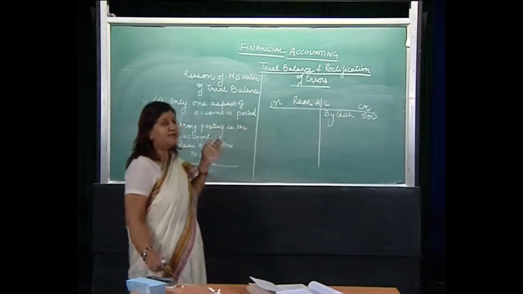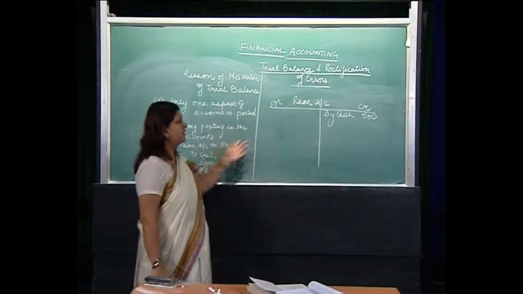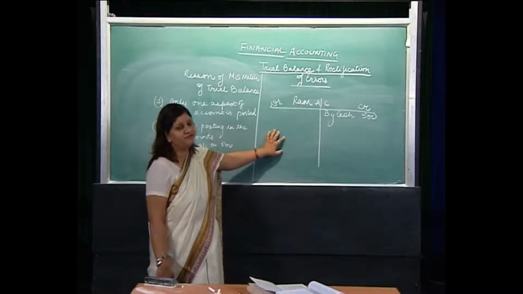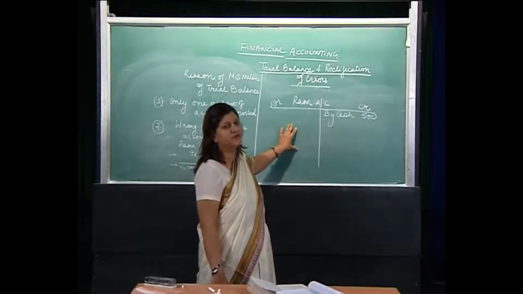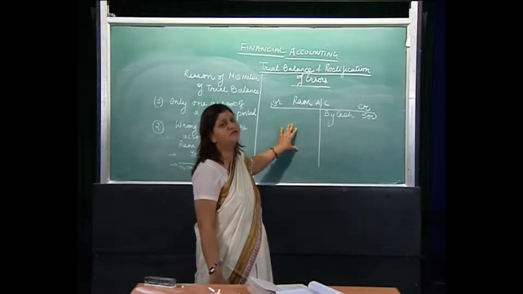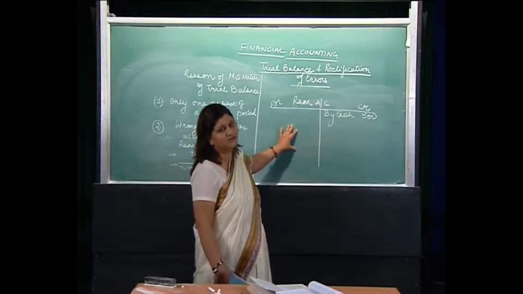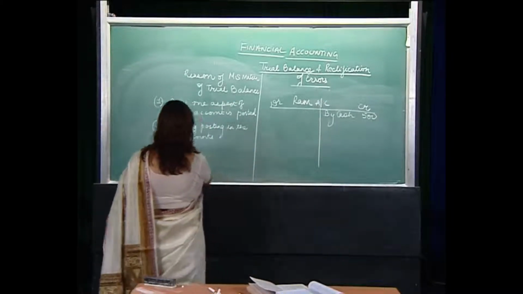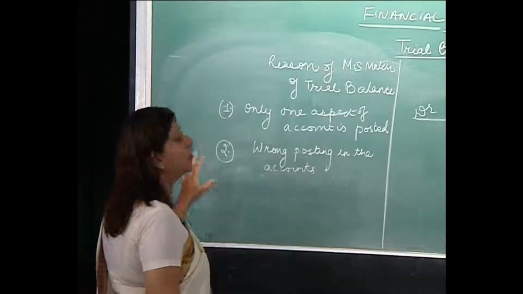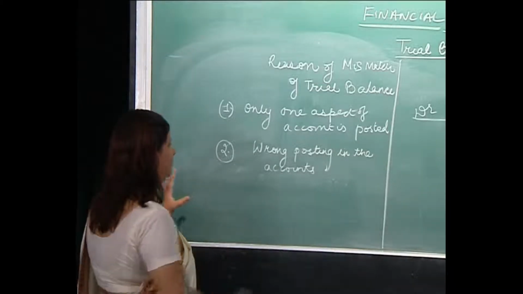So this is a very common error, and it will show the effect for the double amount. Instead of 500, our error in the books of accounts or in the trial balance will depict an amount of 1000 rupees. So this was the second important point which we need to know while locating the error in the trial balance.